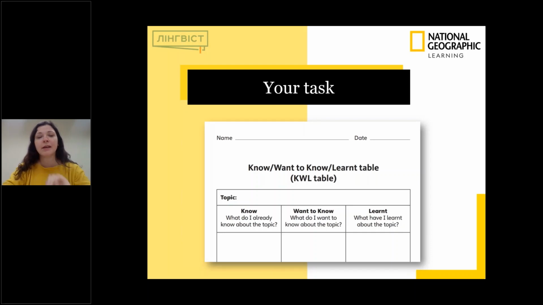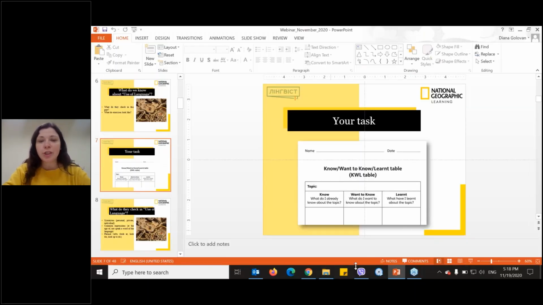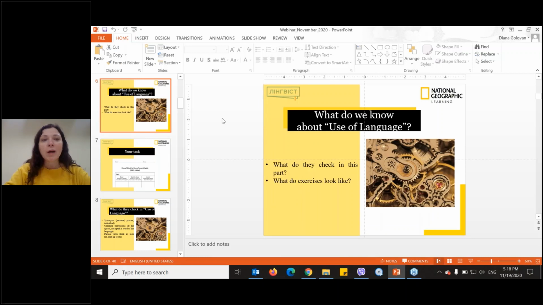And I prepared my favorite online tool for you to share your ideas. So my first question to you is, what do they check in this part, use of language, and what do exercises look like? Or maybe some other things that you know about use of language.